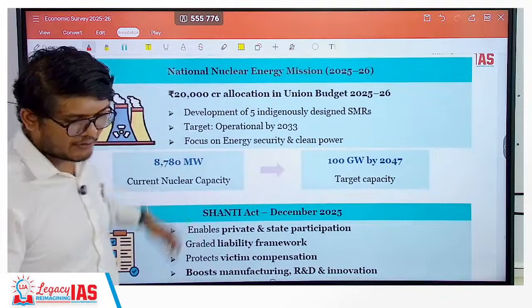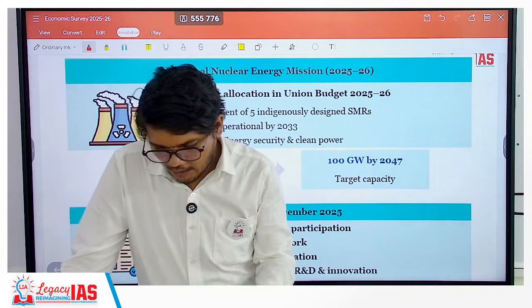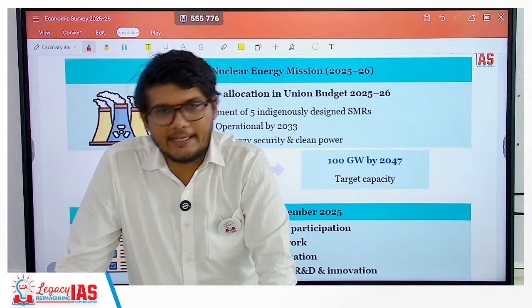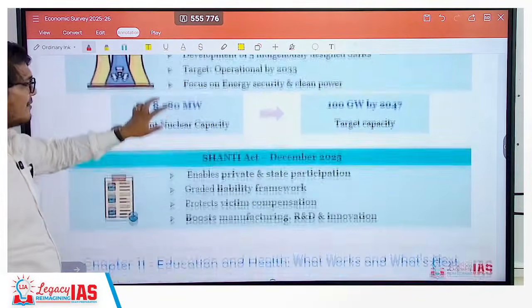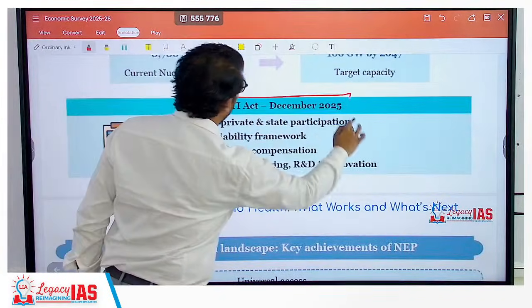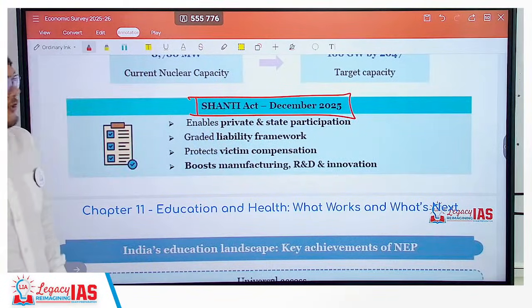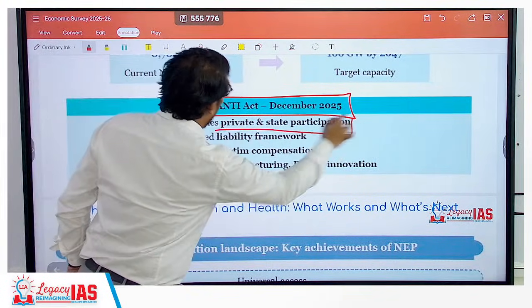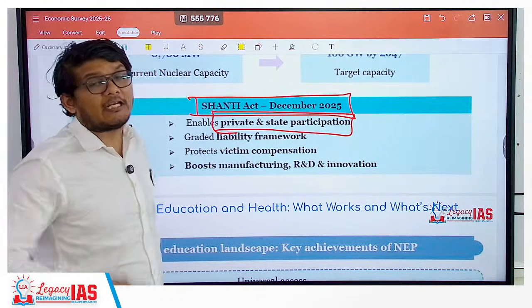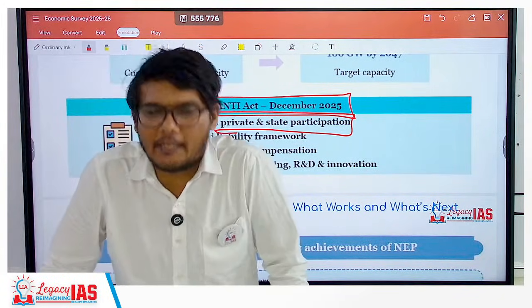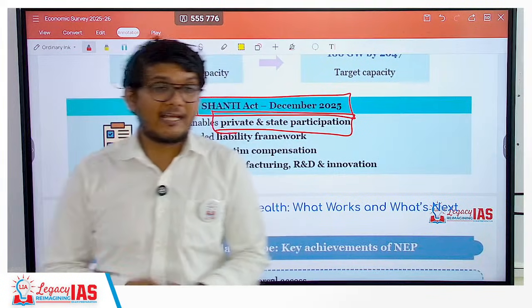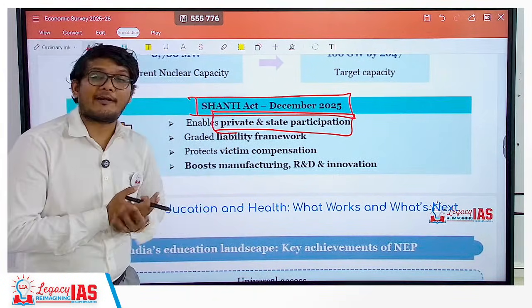As a result of which, we are also turning our attention towards nuclear energy. So the government has come up with the Shanti Act in December 2025, which allows private and state participation in nuclear energy production, right? Of course, there can be certain safety, security concerns.